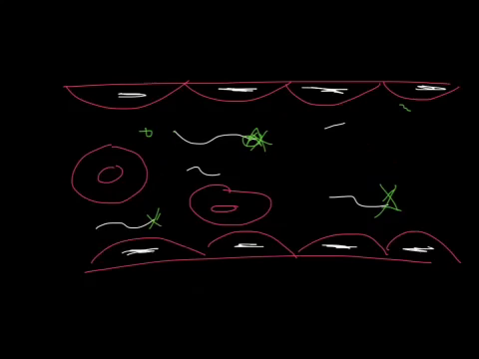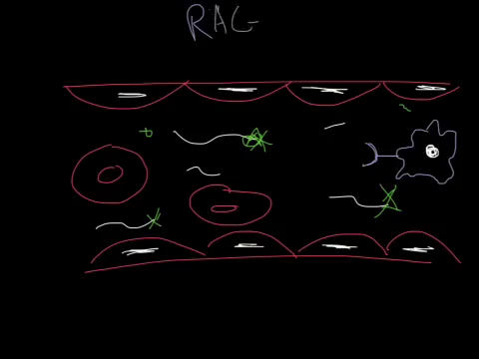So these advanced glycated end products in the capillaries will actually be the cause of a lot of what we see in diabetic pathologies. When we have T cells or macrophages come along, they have what's called the receptor for advanced glycated end products, which, as you might notice, the abbreviation is RAGE.